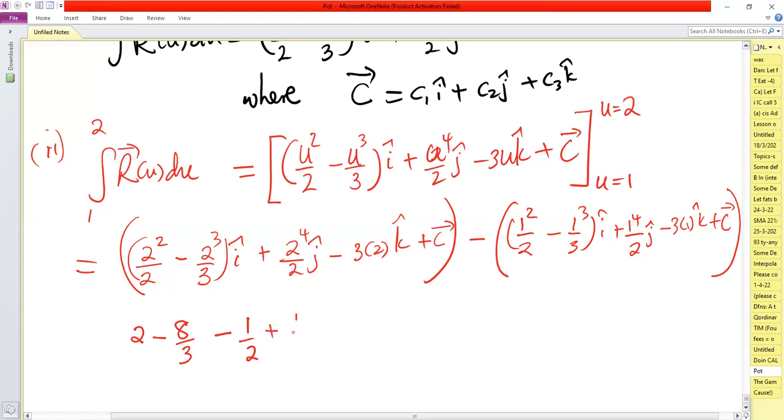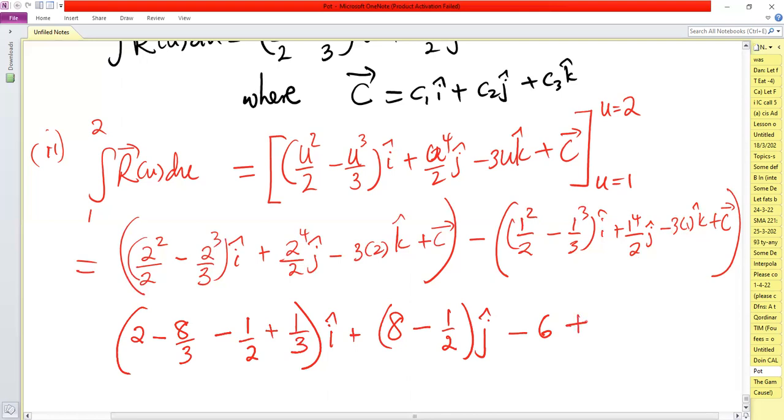Minus minus is plus 1 over 3. So this will give me the i components. For j, I'll have 2 to the power 4 divided by 2, which is 8, minus a half. Then for k, this is minus 6, and then minus minus plus 3, k. Remember, constants cancel, so C minus C is 0.